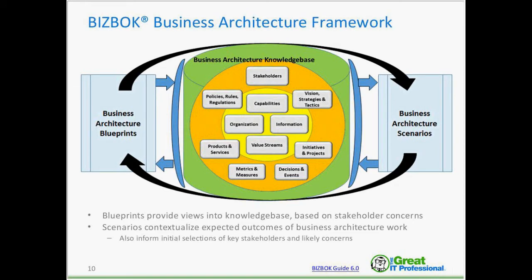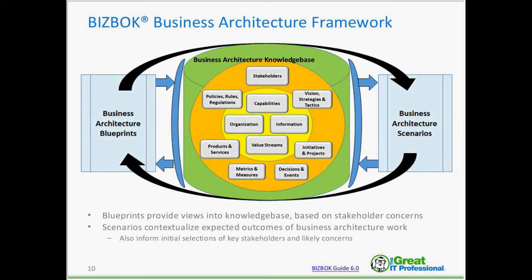So there's good guidance within the BizBoc Guide that provides some hints and tips about, if you find yourself in this scenario, here are the core foundational domains and extension domains that you may need to make some investment in. But the whole idea is that the knowledge base, again, is ultimately a repository.